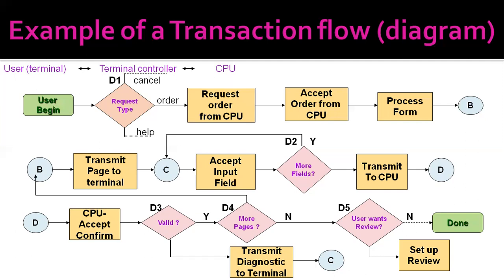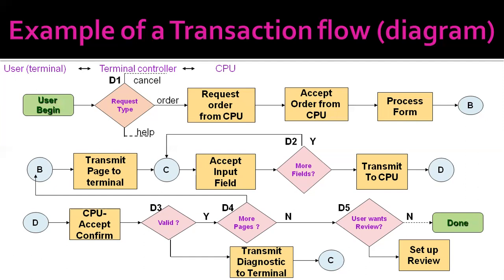And the CPU contains a set of forms which have to be filled by a user in order to place an order for a product or any particular part. So first the user can make a request for filling the forms from a dumb terminal, and this request from the dumb terminal will be forwarded to the controller terminal, and the controller terminal will forward the same request to the CPU.